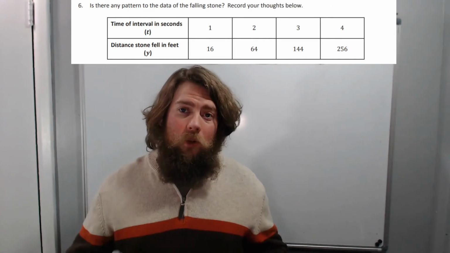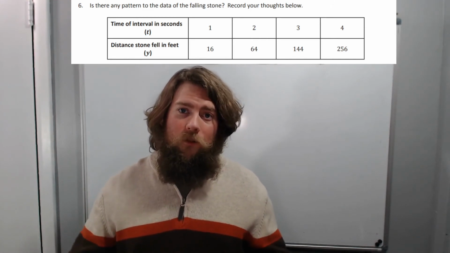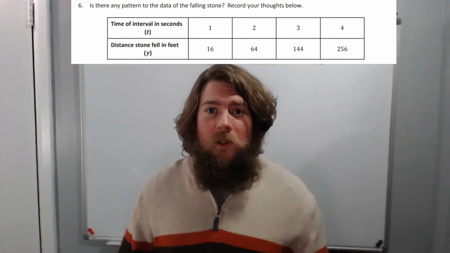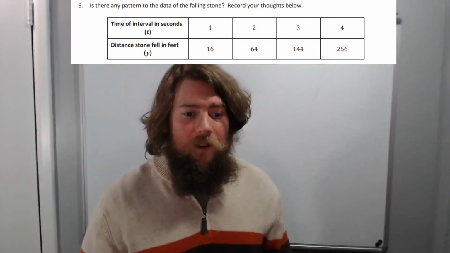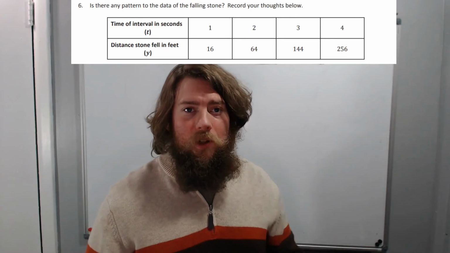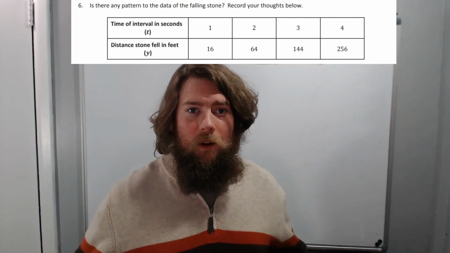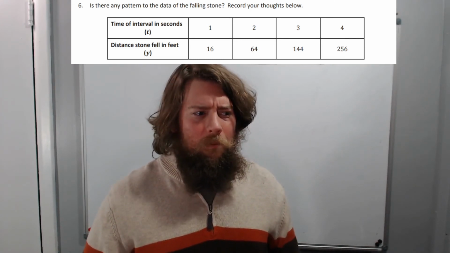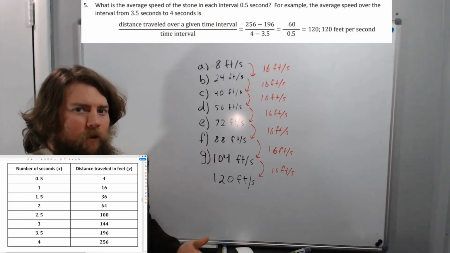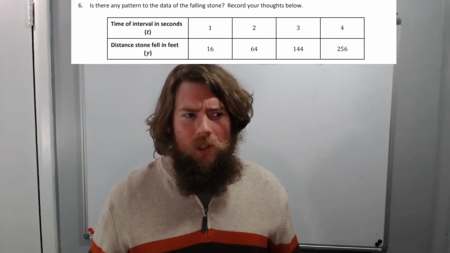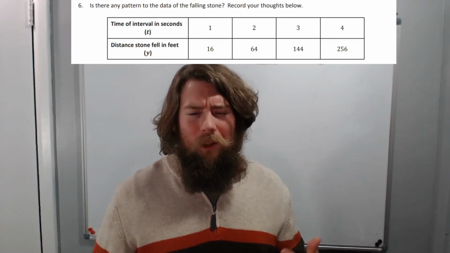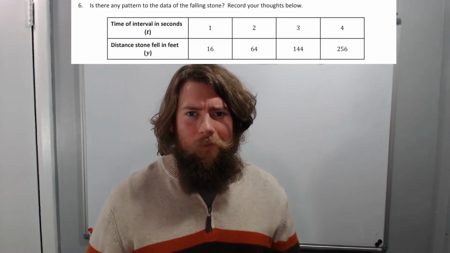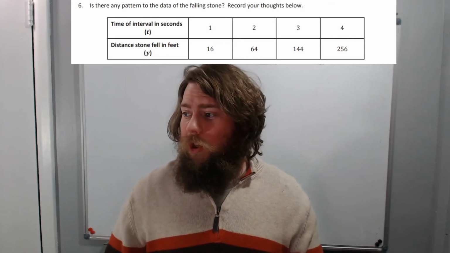But what I do want to do real quick is jump back to exercise 5, part H, where it asked us to look at how much it was increasing every half second. We did see that the number 16 came up. So maybe we keep that in our minds. We're looking out for a 16. We also saw a 32, so maybe something that relates to one of those numbers is going to be in here.